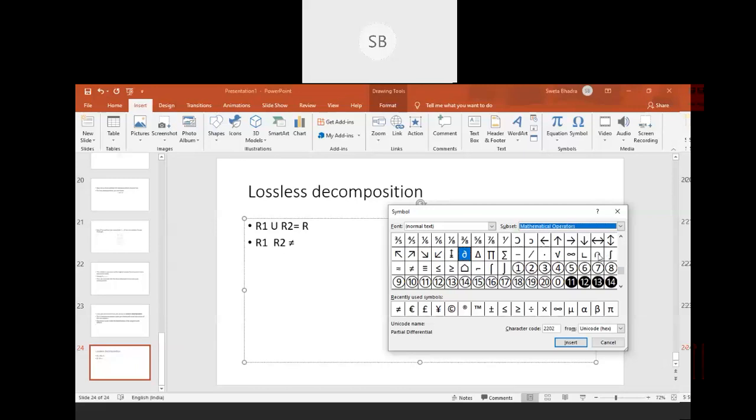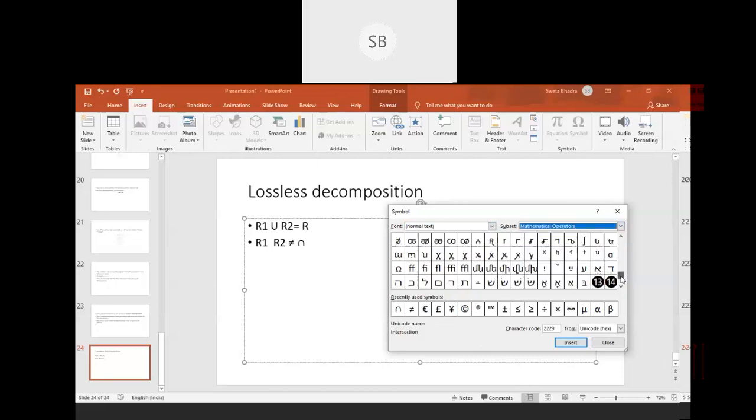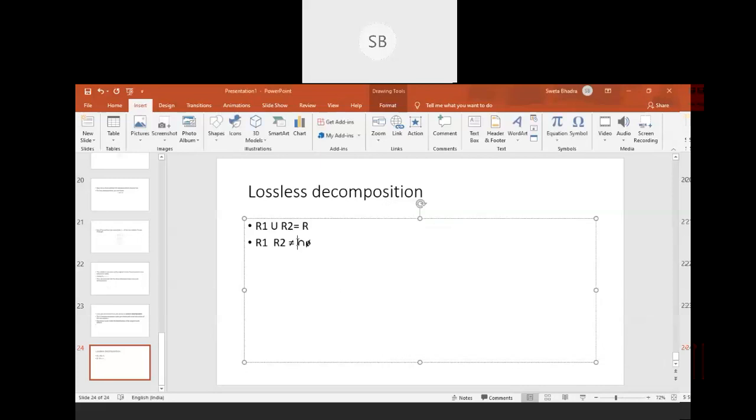Yes, intersection I got, and I need one more phi. Yeah, I got it. Just wait, let me put it.